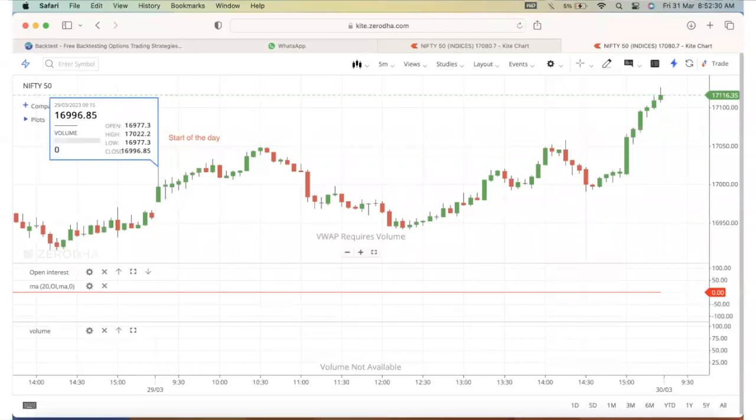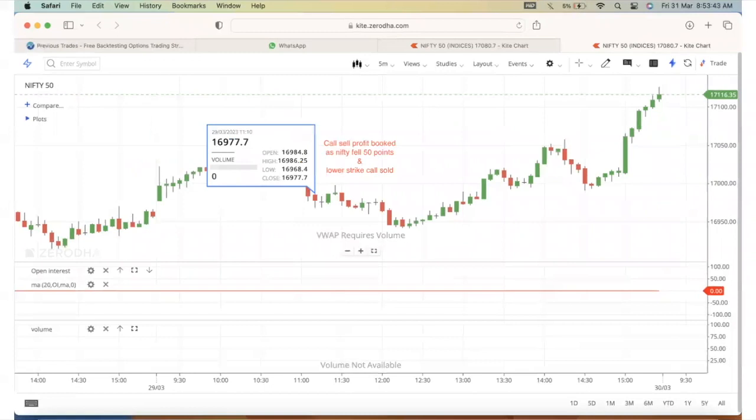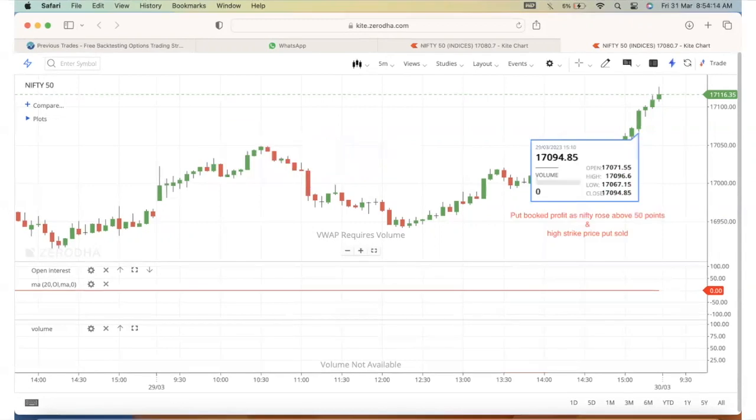16,977 was the starting price, and then at 10 a.m. we had sold call and put. The call sell booked profit as the market fell by 50 points, and a lower strike price, that is 16,900, was sold.